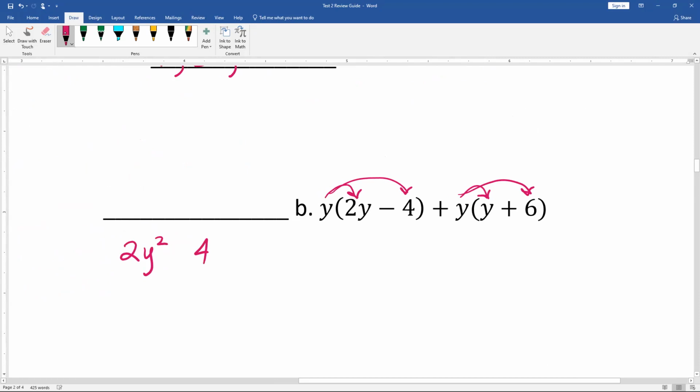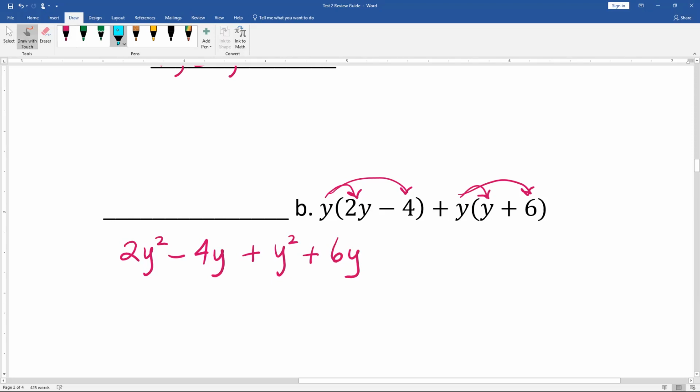And what goes between them? Yep. Because the y is positive, all the signs from inside the parentheses stay the same. All right, and the rest of it plus 6y.